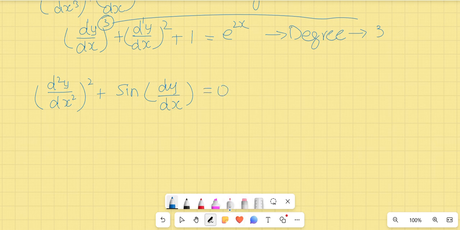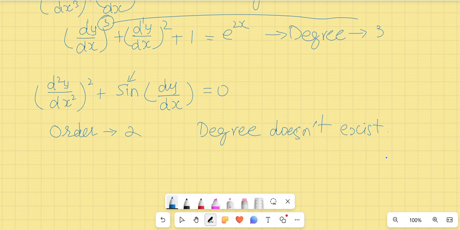When there is a trigonometric function, in that case you will say that the degree doesn't exist. So the order in that case is 2, and the degree doesn't exist. When there is a sine, cos, tan, log, or maybe an exponent function, in that case the degree doesn't exist.